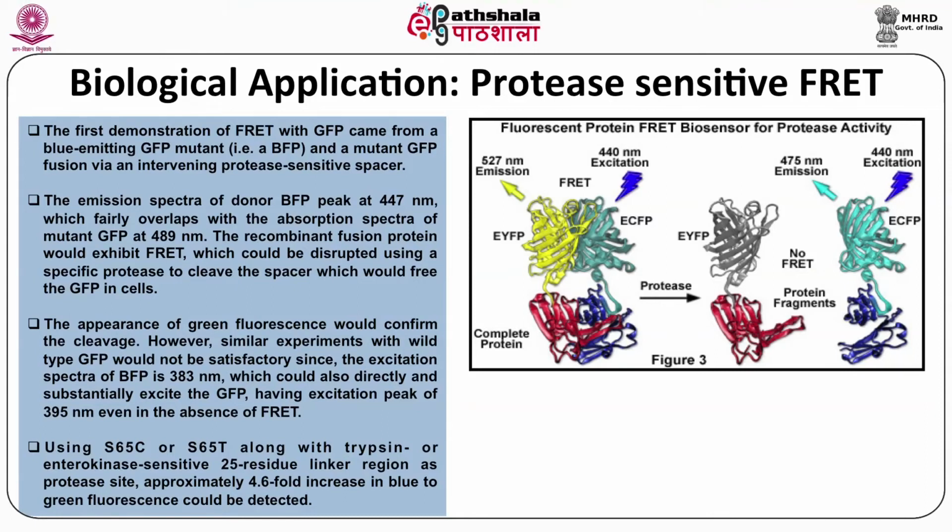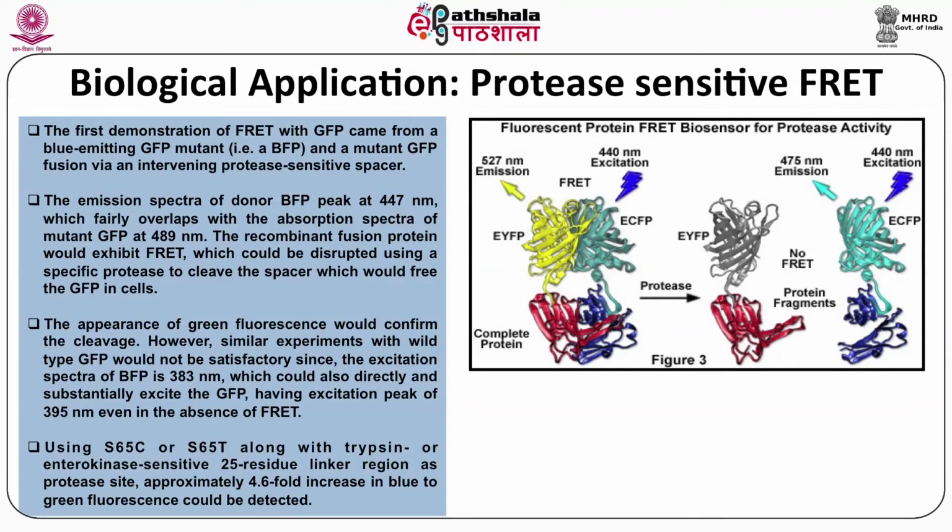The emission spectrum of blue fluorescent protein peaks at 447 nanometer, which fairly overlaps with the absorption spectrum of mutant green fluorescent protein at 489 nanometer. The recombinant fusion protein would exhibit FRET, which could be disrupted using a specific protease to cleave the spacer, which would free the GFP in the cells. The appearance of green fluorescence would confirm the cleavage.